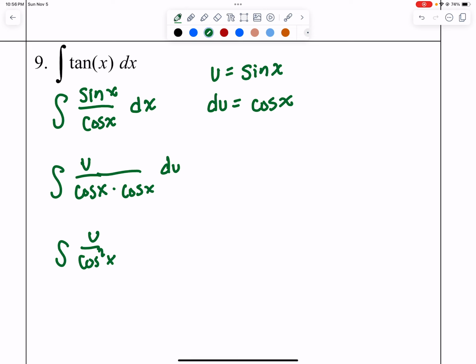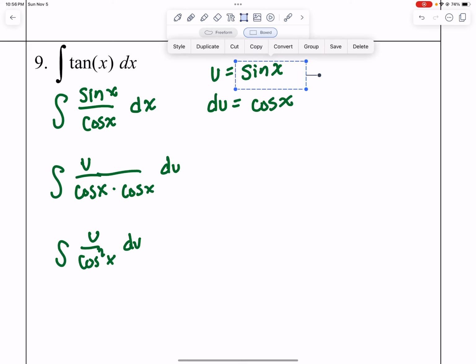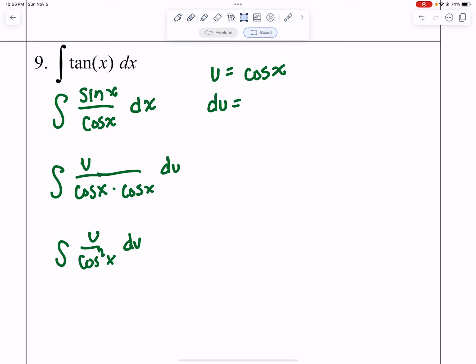And I don't want that. So we need u to be cosine and du to be negative sine of x dx.